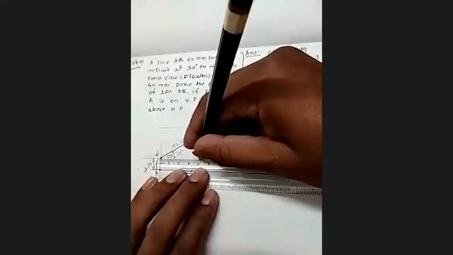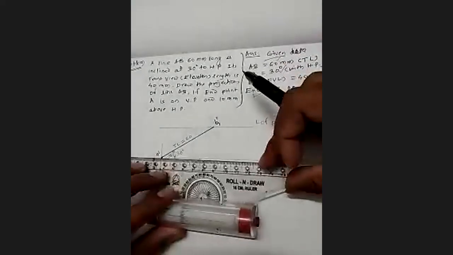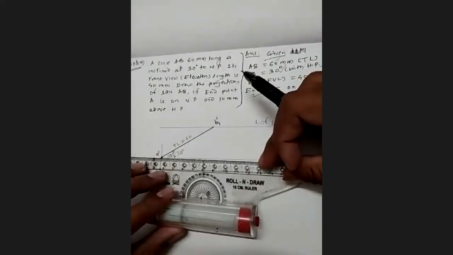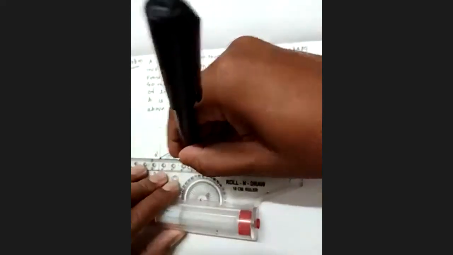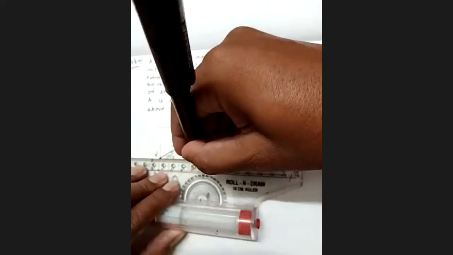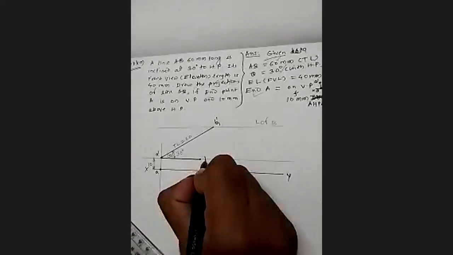I will be taking this 40 millimeter. Now I will make it a bit dark here. Suppose we say it's B2 dash.